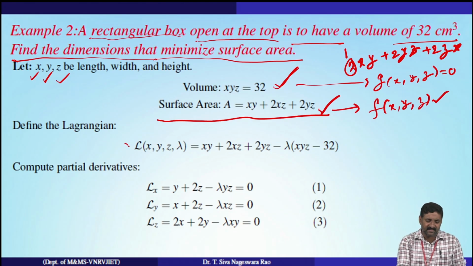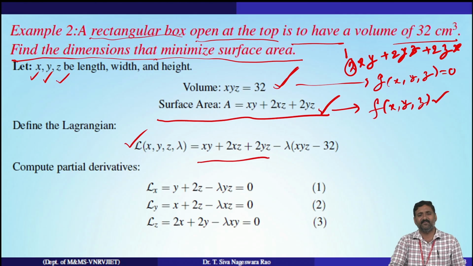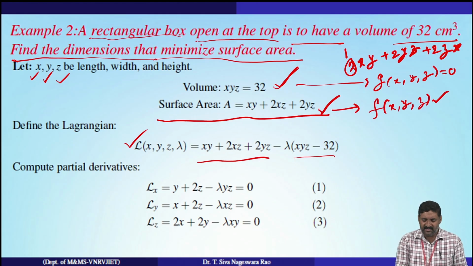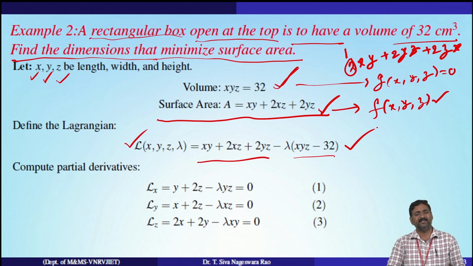What is the Lagrangian function? L of x comma y comma z comma lambda is equal to f of x comma y comma z minus lambda multiplied by g of x comma y, z. Now we will apply partial derivative to this Lagrangian function with respect to x, with respect to y, and with respect to z. You will get three equations.